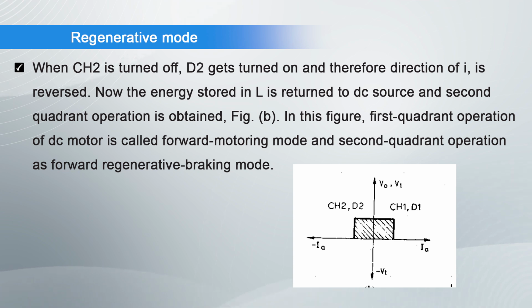Now, the energy stored in L is returned to the DC source and second quadrant operation is obtained. In the figure, first quadrant operation of the DC motor is called forward motoring mode and second quadrant operation is known as forward regenerative braking mode.